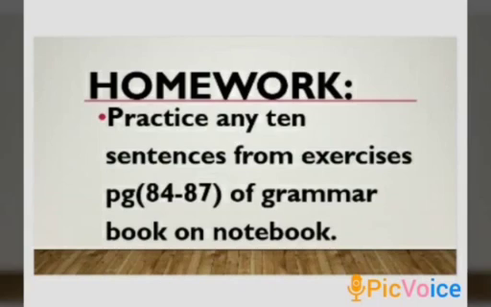And for interrogative sentences, the helping verb will come in the start of the sentence before the subject. For example, has he been watering the plants in the garden since evening? So the helping verb will come in the start of the sentence before the subject to make it an interrogative sentence.